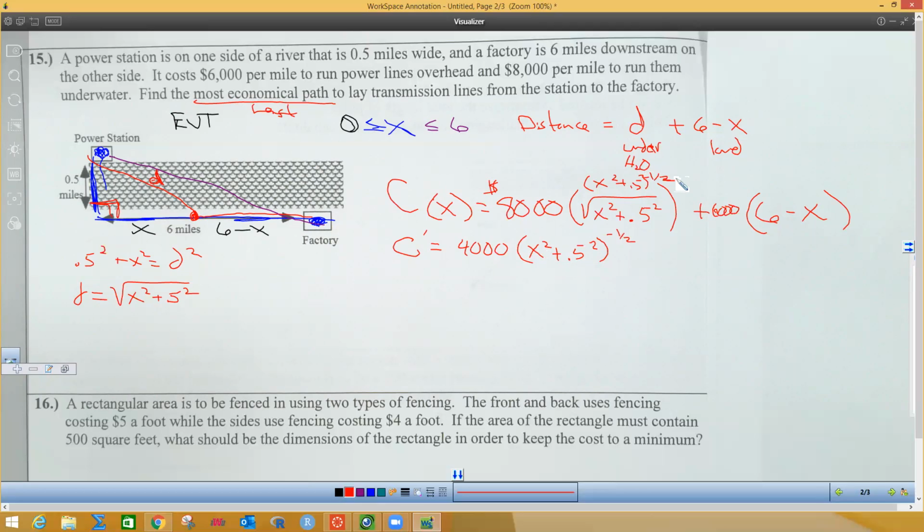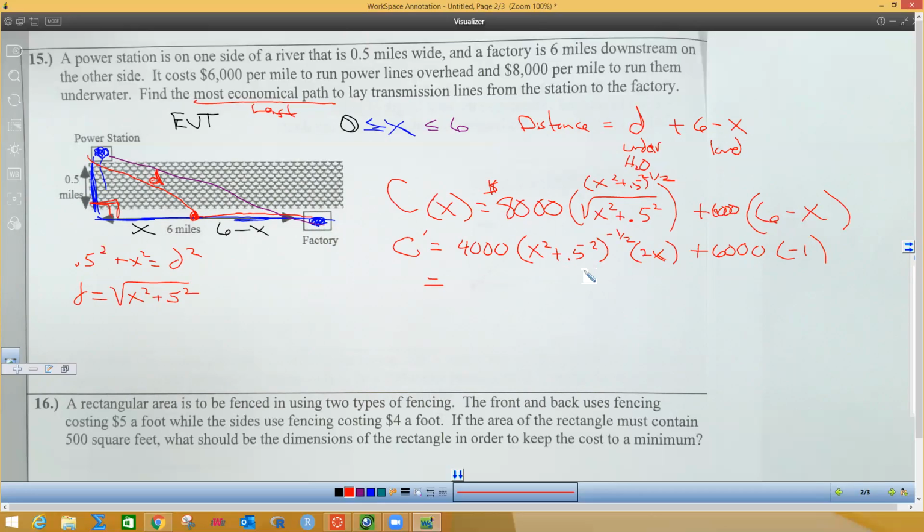So I took the power, 1/2 times 8,000, got 4,000. Leave the inside the same, subtract 1 from the 1/2 power, and then I got to do the derivative of the inside, which is 2x. That's chain rule. Plus, I got my coefficient of 6,000, and then the derivative of 6 is 0, and the derivative of x is -1.